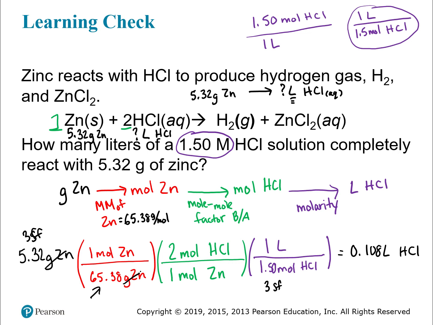The grams cancel out with the grams, and you're left with moles of zinc. The moles of zinc cancel, and you're left with moles of hydrochloric acid. Those moles cancel, and you're left with liters, which is what we want. And we'll do more practice of that in class as well. It's very similar to the problems that we were doing in Chapter 7.